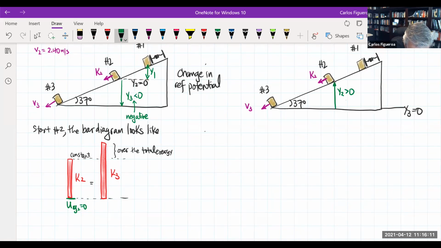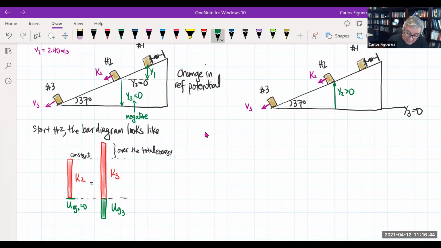So if this is how much it goes above, gravity is then below it by that amount. So now I have a negative gravitational potential at point 3. Now, this riles some people up. But when I add kinetic K3 plus UG3, the total is still equal to the energy situation. I have not violated conservation of energy.